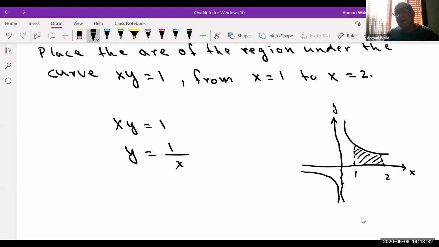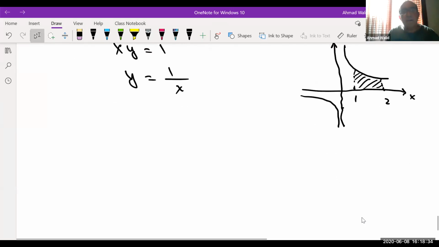To find the area under this curve, area means, for me immediately, integral of this function 1 over x, and the limits, the upper limits and lower limits, or the bounds, are given from 1 to 2.